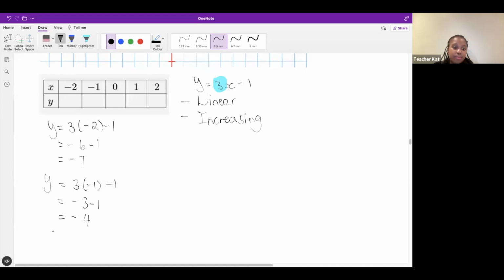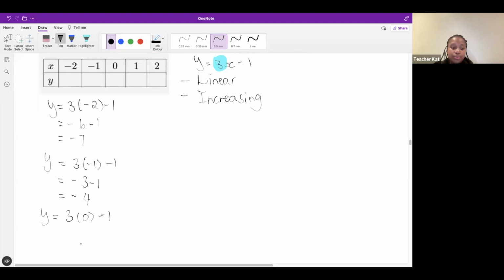Next one, y is equal to 3 times 0 minus 1. What's 3 times 0? That is indeed 0. And if I subtract 1 from 0, then my output is negative 1. Let me fill this in. Negative 7, negative 4, and negative 1.